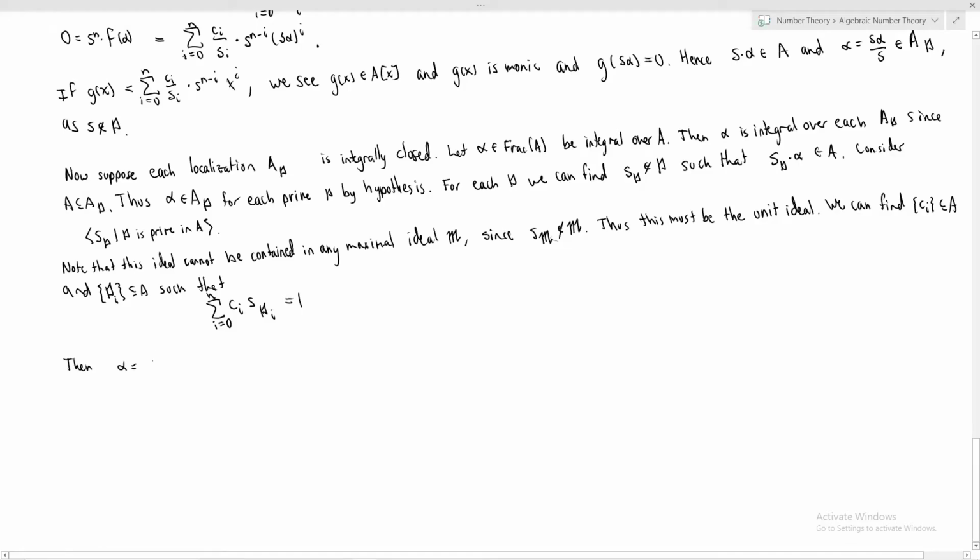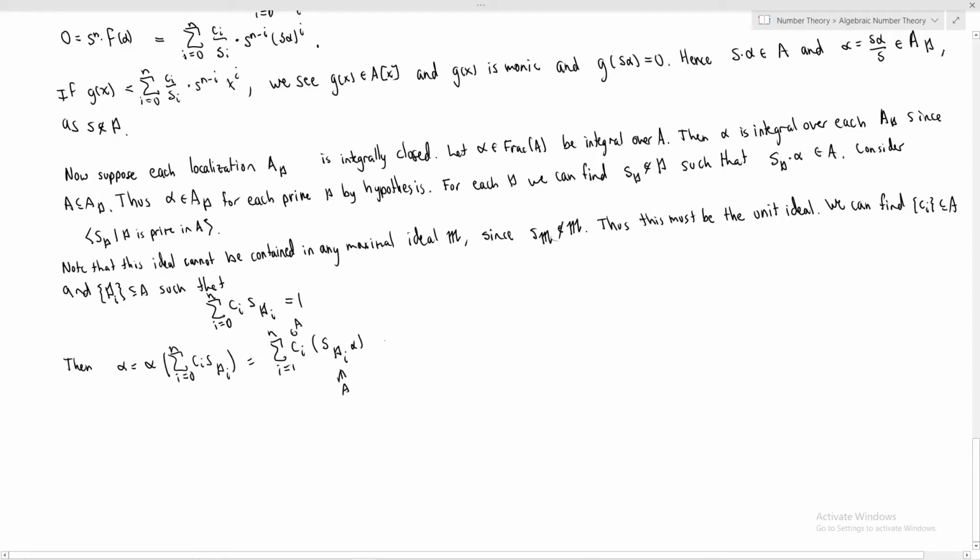alpha is going to be alpha times 1. I can replace 1 by this sum of c_i s_{P_i}, which equals the sum from i equals 1 to n of c_i times s_{P_i} alpha. Each of these is in A by the definition of s_{P_i}.